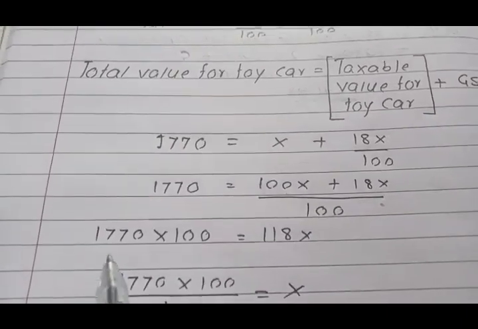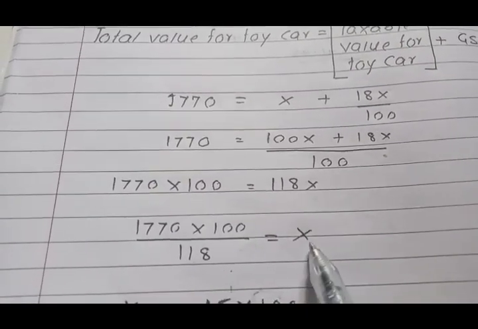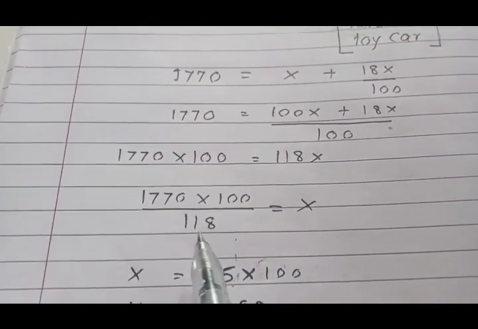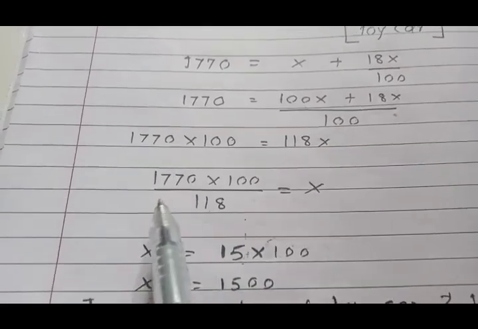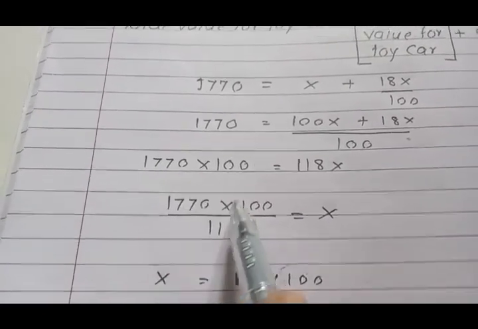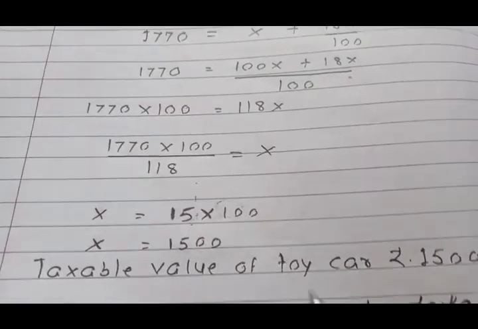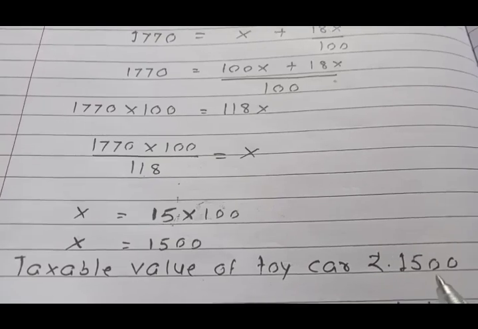So here 1770 into 100 upon this 118 equal to x. So here 18, 15, 15 into 100, 1500. So tax value of toy car rupees 1500.